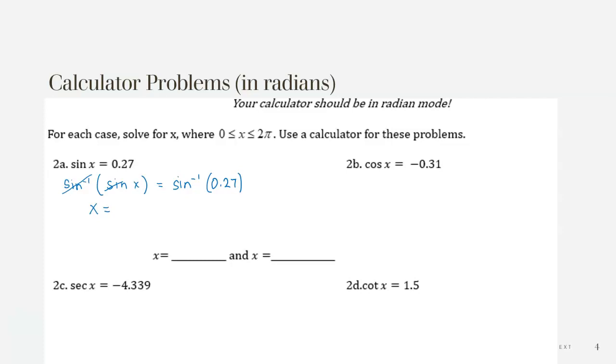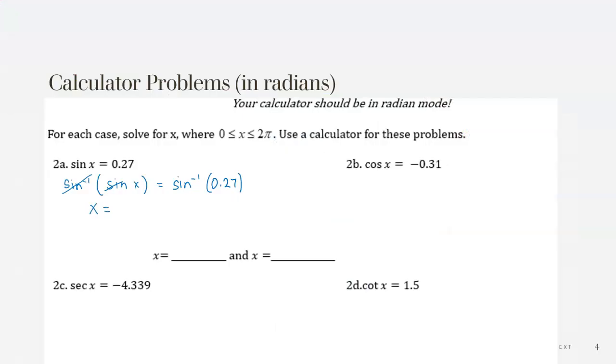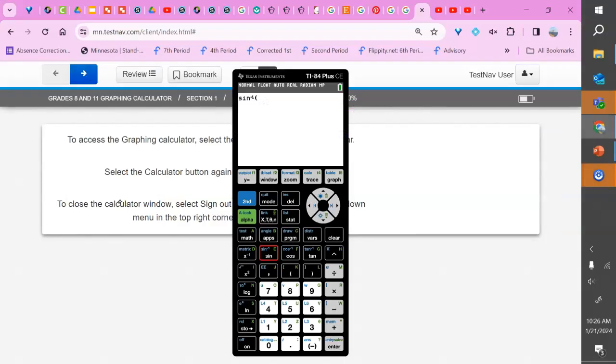So I'm going to show you how to use your calculator to do this. First click on mode and make sure that your mode is set to radians. We know these are radian measures because they're between 0 and 2 pi. Then we go second quit to get out of that mode, and we do sine inverse of 0.27.